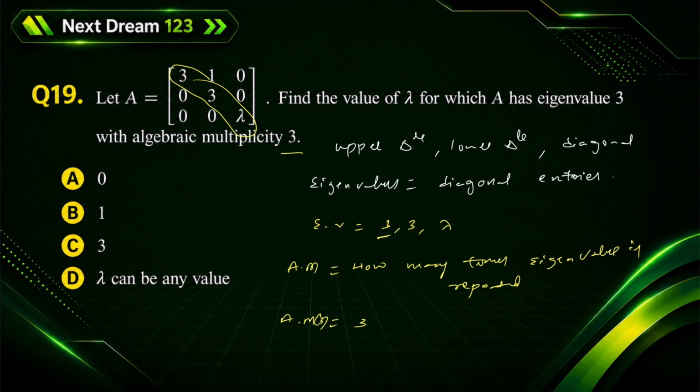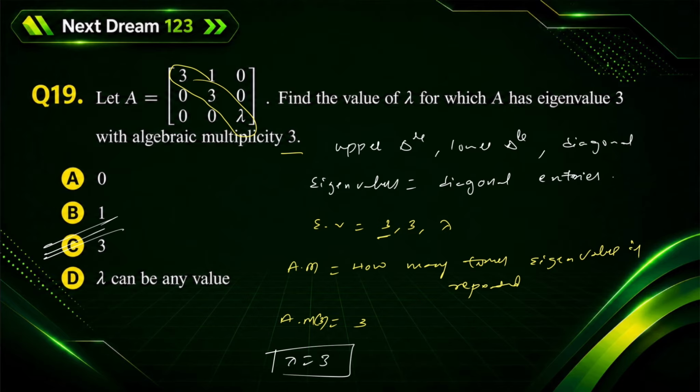That means the eigenvalue 3 is repeated 3 times, so all three eigenvalues are 3, 3, 3 only. That means our lambda is also 3. So option C is the correct option for this question. You should remember all this.